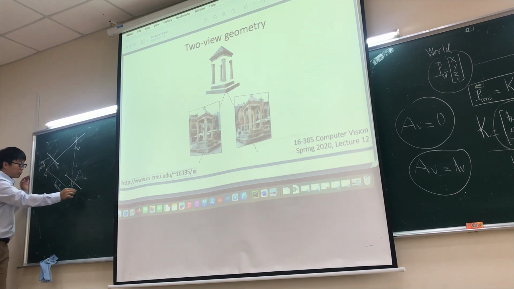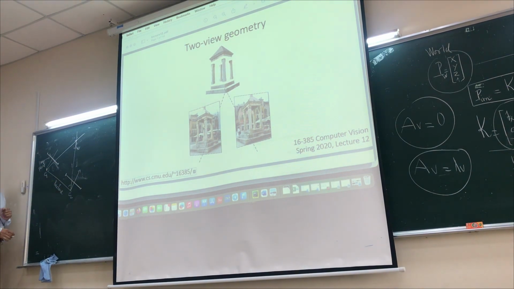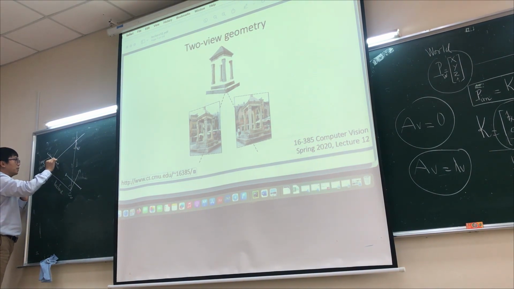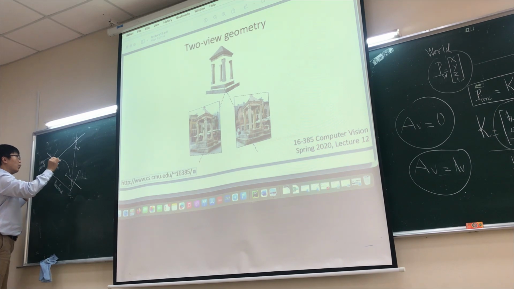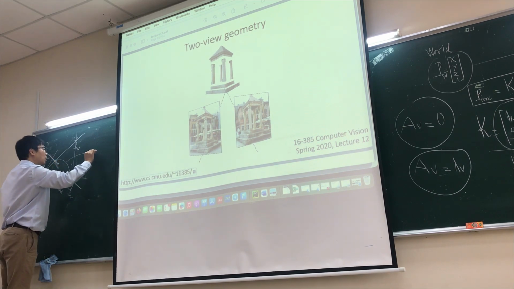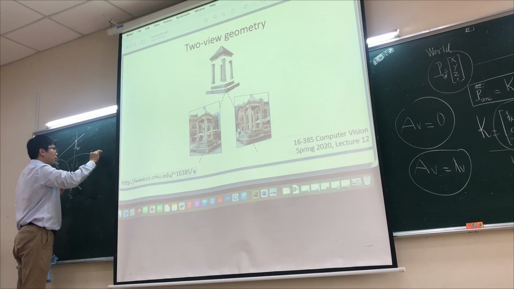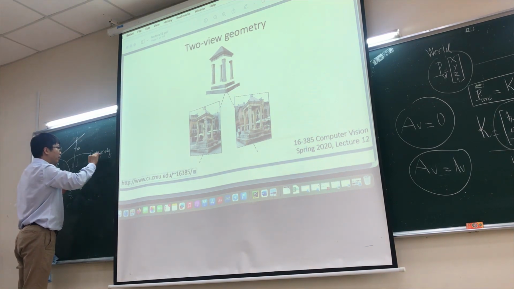In order to determine the 3D point, you must have the camera centers, usually with the cameras fixed. But in order to determine it, you must determine the corresponding point. We call what? Corresponding point.